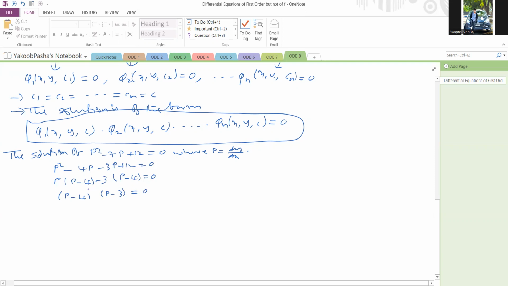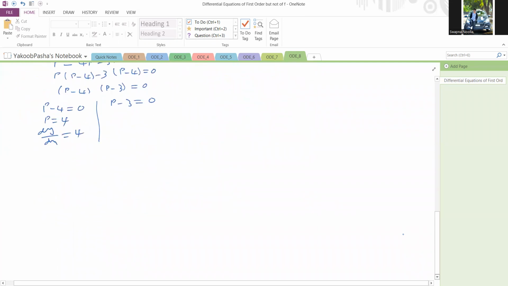Now equating each factor to 0: p minus 4 is equal to 0, and second one is p minus 3 is equal to 0. So here p is equal to 4. p is nothing but dy by dx, so dy by dx is equal to 4.